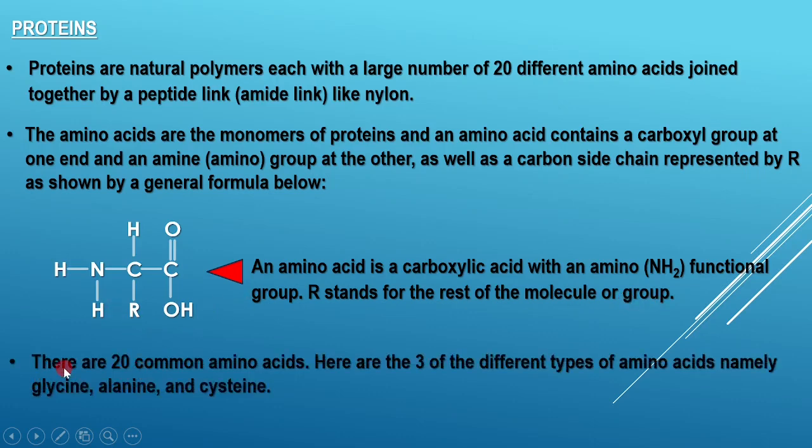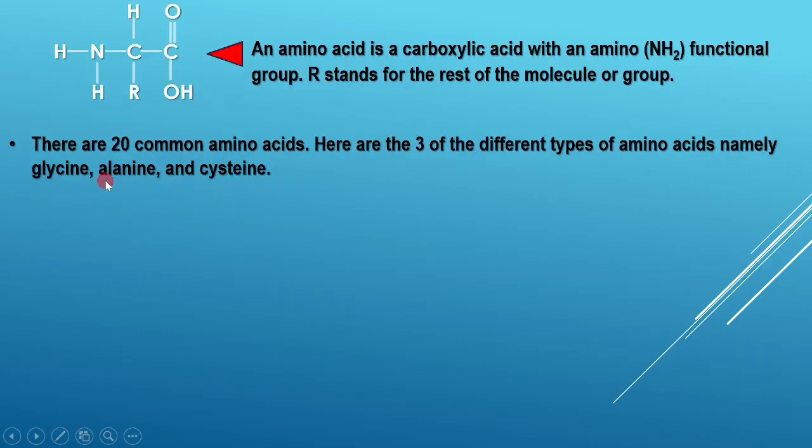Now here we are saying there are 20 common amino acids. In nature, we have more than 20 amino acids. Here are three different types of amino acids, namely glycine, alanine, and cysteine.